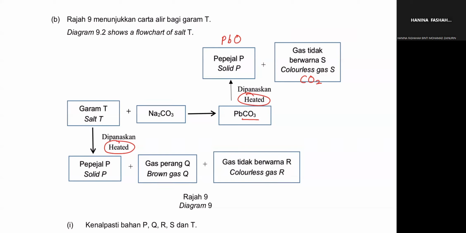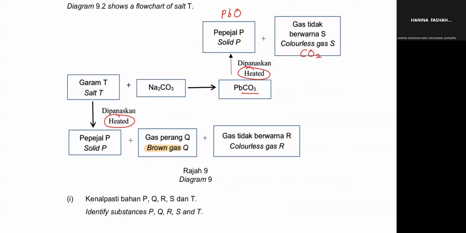How about the others? Brown gas only has one type. What's the gas with brown color? I think I mentioned just now. Brown gas is, when they heat, they come out as solid P, brown gas and colorless gas.